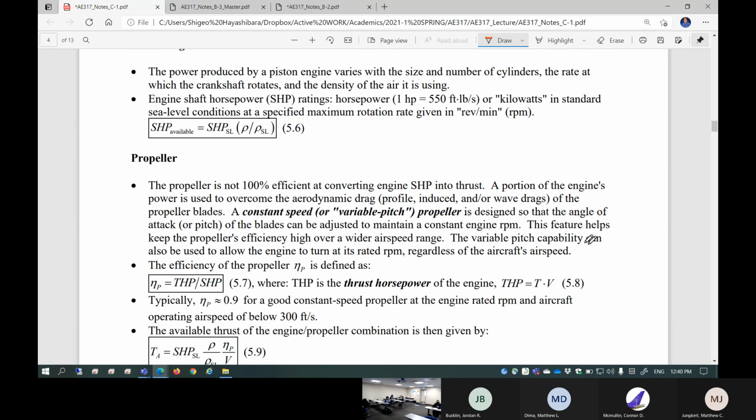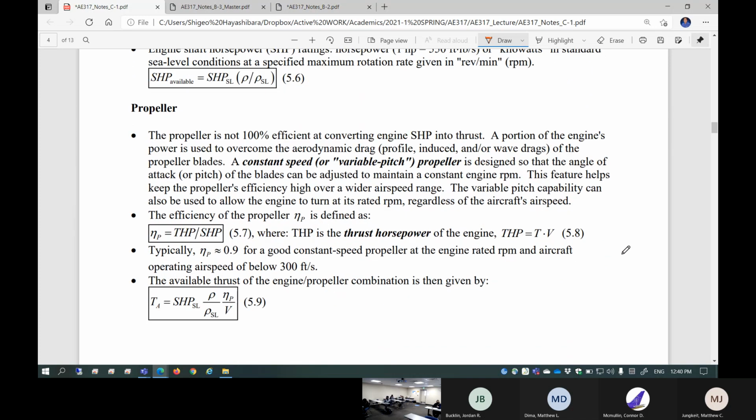All right. And then a propeller is usually attached to it. Oftentimes you combine propeller efficiency with the shaft horsepower, and then you come up with the thrust available. This TA is quite important. So this is the thrust available. Your whole airplane analysis is going to provide you thrust required information.